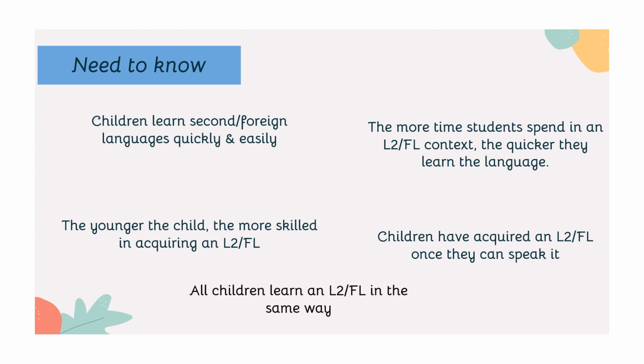And the last, all children learn a second language or foreign language in the same way. It means that some children are outgoing, sociable, and learn the second language quickly. They do not worry about mistakes, but use limited resources to generate input from native speakers.